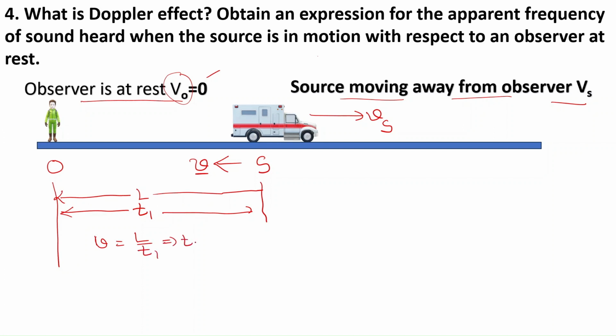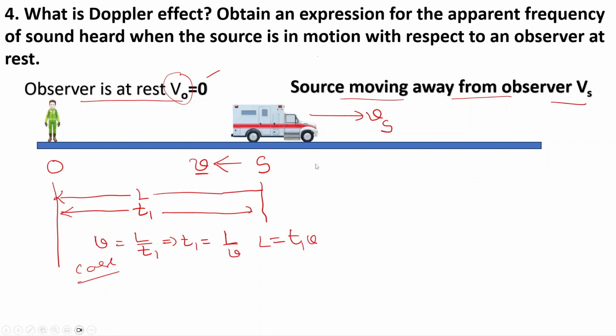This implies time t1 is equal to L by v, or you can also write L is equal to t1 into v. This is the equation of the first case when the object is at S position.